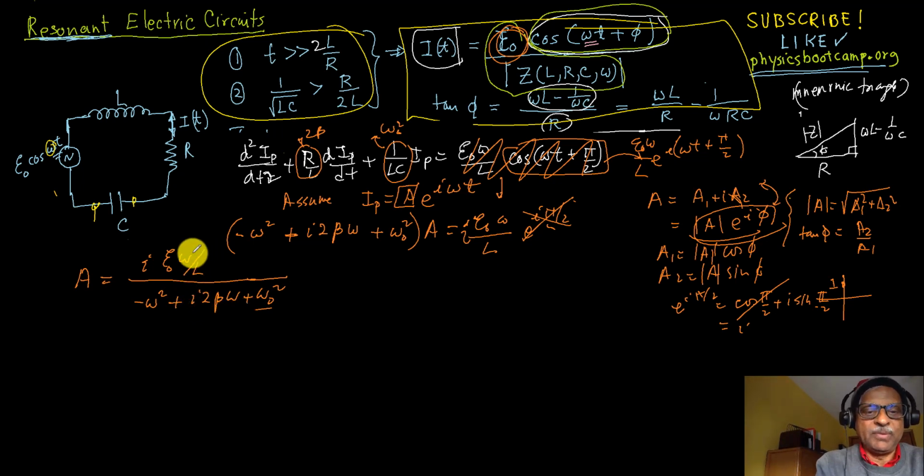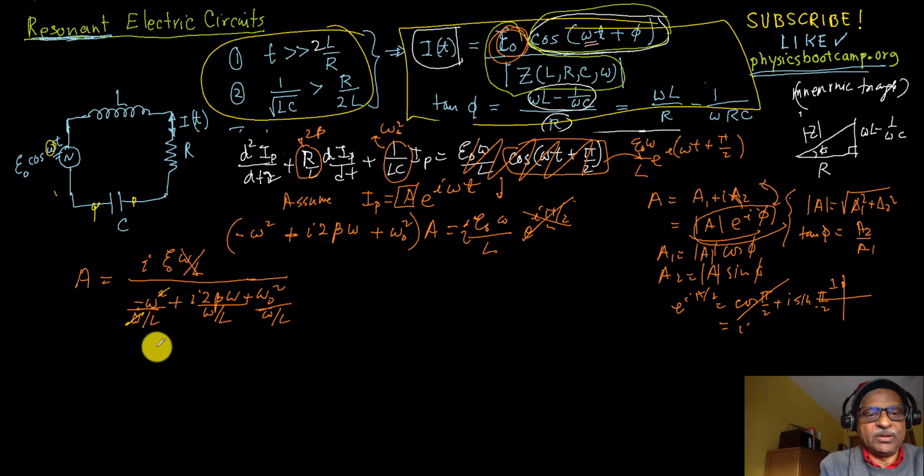So take this guy over here, and so this will be omega over L. This will be omega over L. This will be omega over L, and we can simplify it.